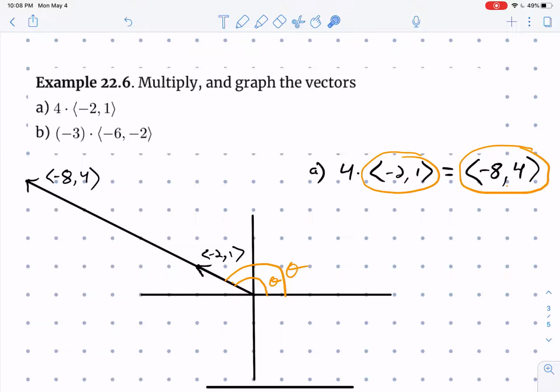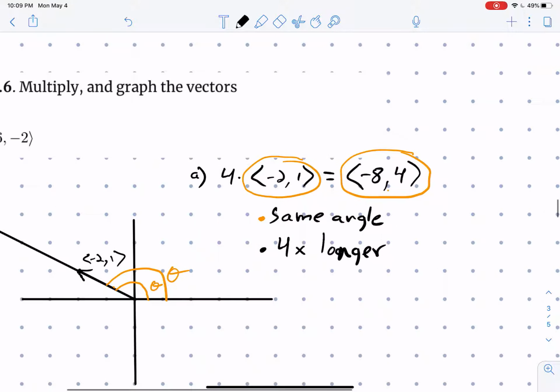Well, that length and that length again and that length again and that length again, this one is about 4 times the length of this one. So, things to notice: same angle, and it is 4 times longer, or 4 times the magnitude.